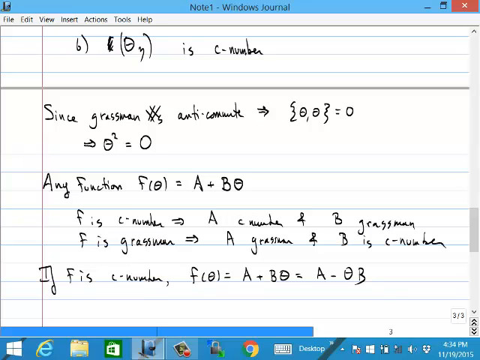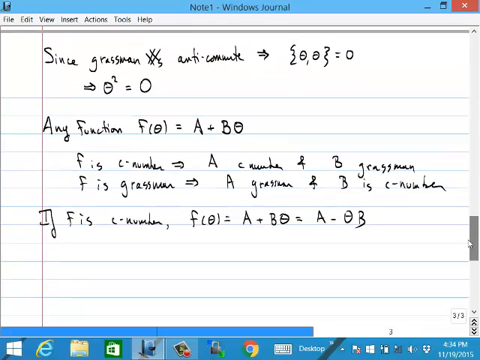Now, one of the things I promised you is that calculus of Grassmann numbers would be much simpler than the calculus of regular numbers. In particular, if the only functions you're allowed to have are linear functions, then it's very easy to take their derivatives. So the derivative with respect to a Grassmann variable of a function of that Grassmann variable is defined by two properties. The first property is that the derivative with respect to theta of theta is equal to 1.